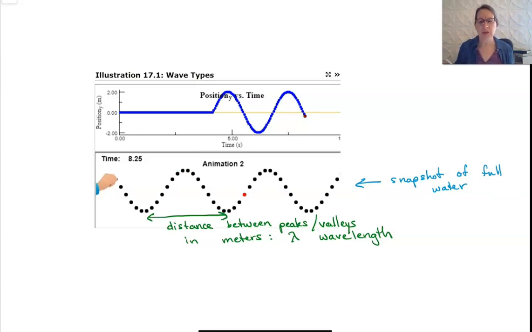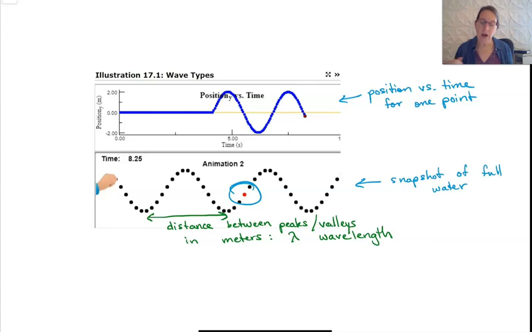We're not going to look so much at water waves, but more at pure sinusoidal waves, because the calculations are easier. Now, what this top view shows is our typical position versus time for one point. In this case, it is this point right here, and it's y position as a function of time.